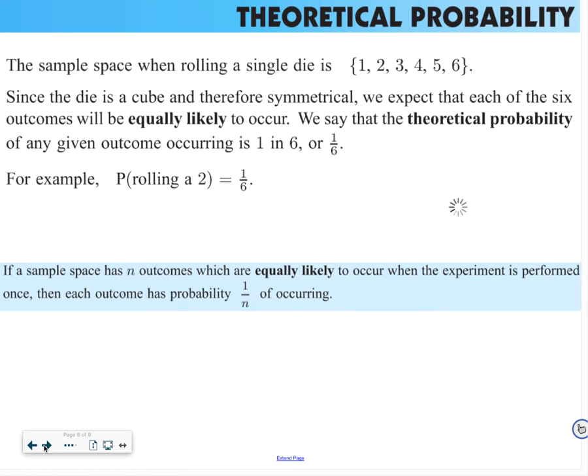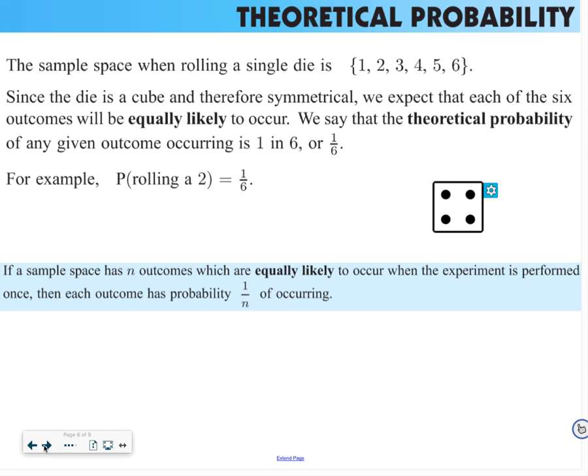Okay, so theoretical probability. The sample space when rolling a single die is 1 through 6. We expect that each outcome for that die is equal. It's equally likely to occur. So we say, theoretically, the probability of that happening is 1 out of 6.